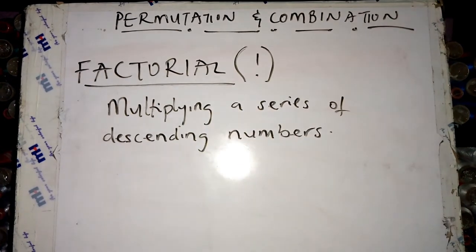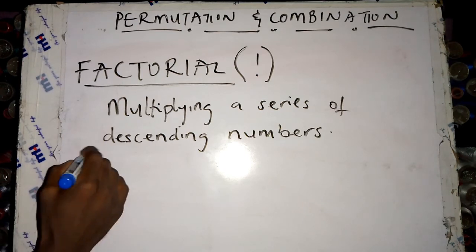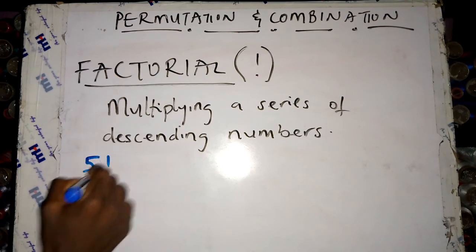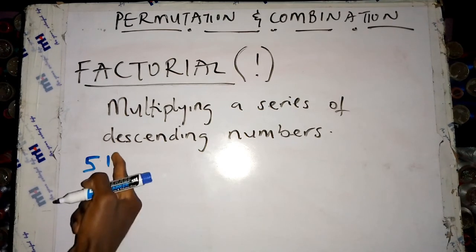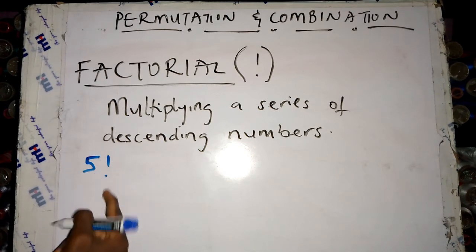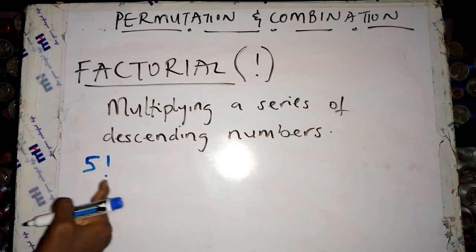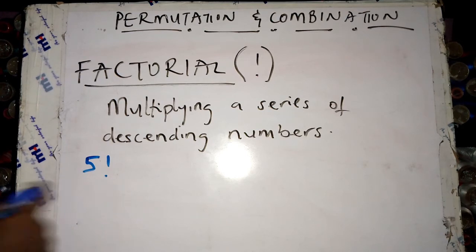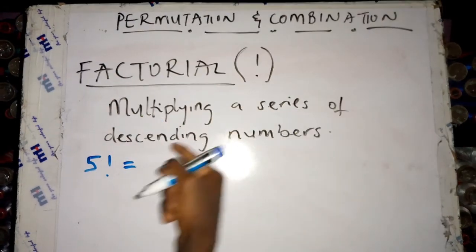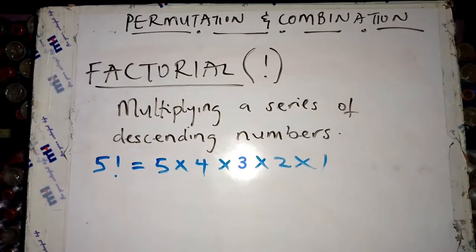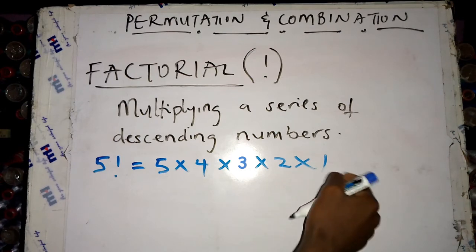Now, what do we mean by multiplying a series of descending numbers? For example, if you have 5 factorial, this is how it is pronounced: once you have a number and the symbol of factorial, we call it the number factorial. From the definition, multiplying a series of descending numbers, for 5 factorial, that is 5 times 4 times 3 times 2 times 1. So you stop at 1, not 0.